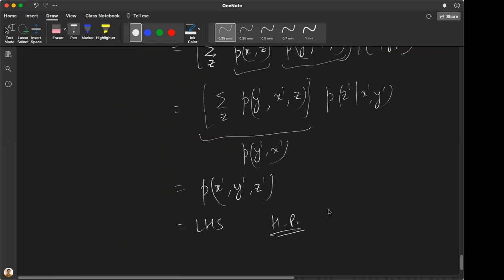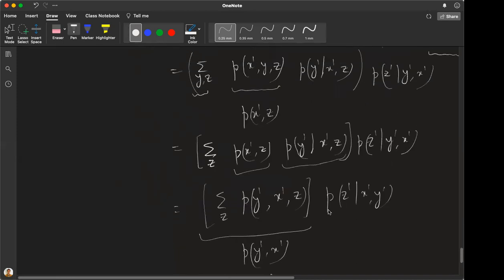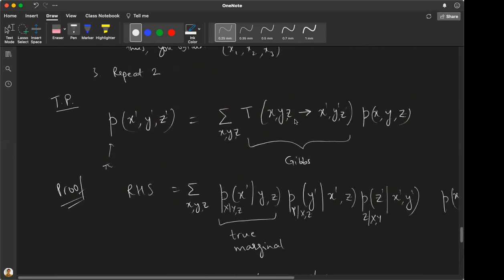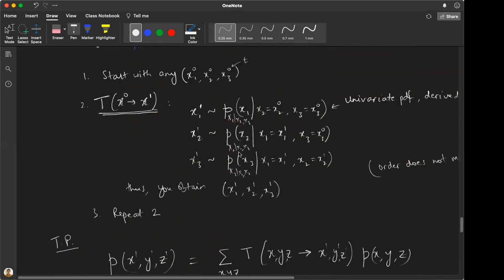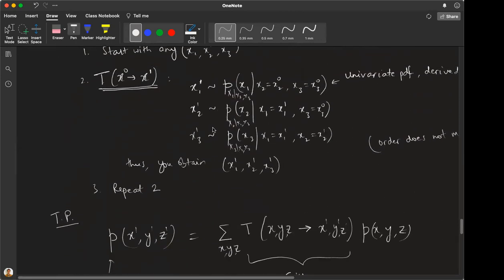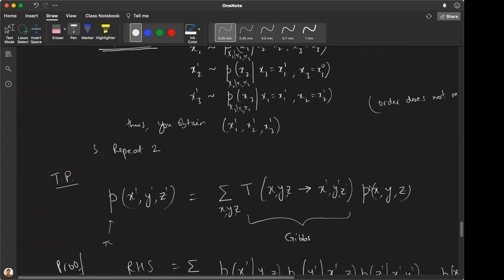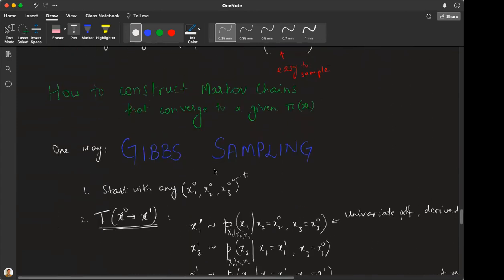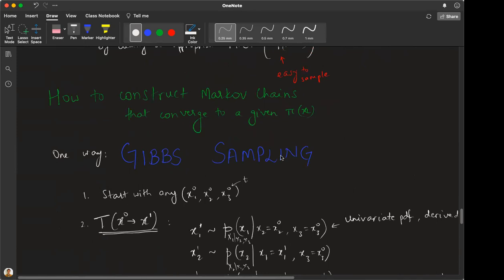So basically what we proved is that if we follow this algorithm for sampling, where all these are the true conditionals, not marginals, then this procedure will lead to the stationary distribution P XYZ or pi XYZ, which is given to us.